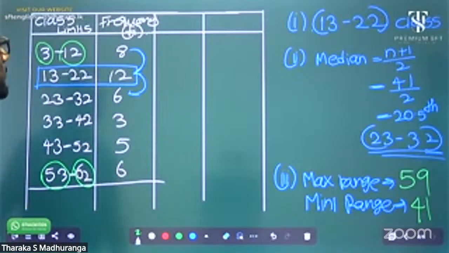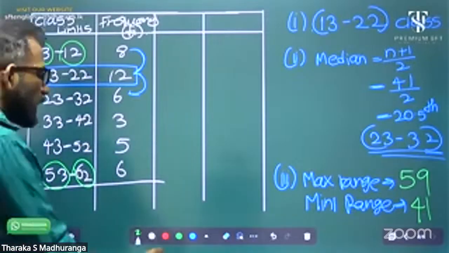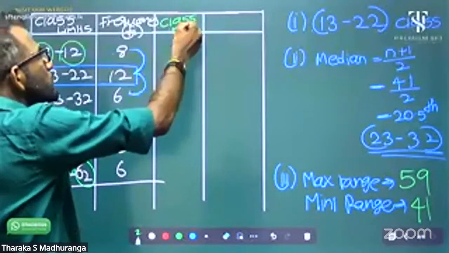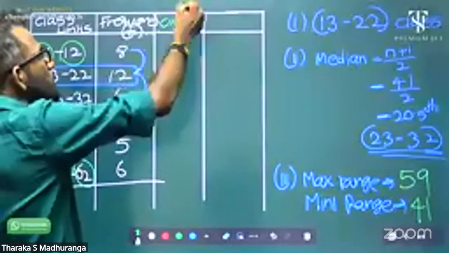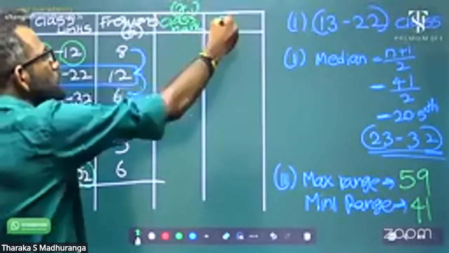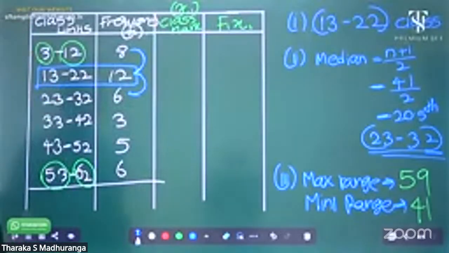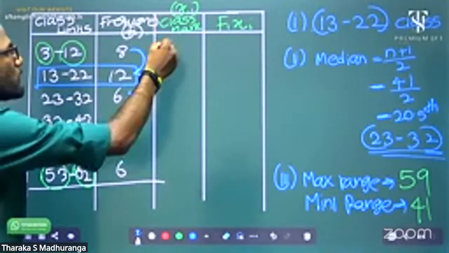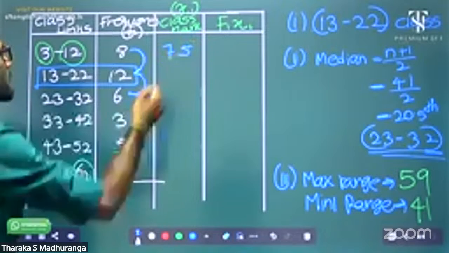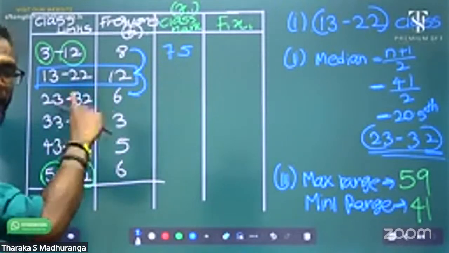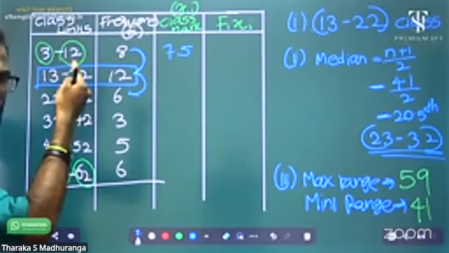Fourth part, mean calculation. Class mark, that means xi, and finally fi xi. The first one is 15 over 2, it is 7.5. As I told you, for the class mark you can use class limits or class boundaries.